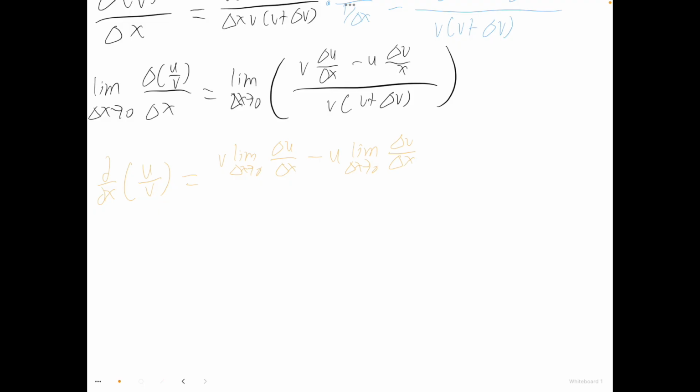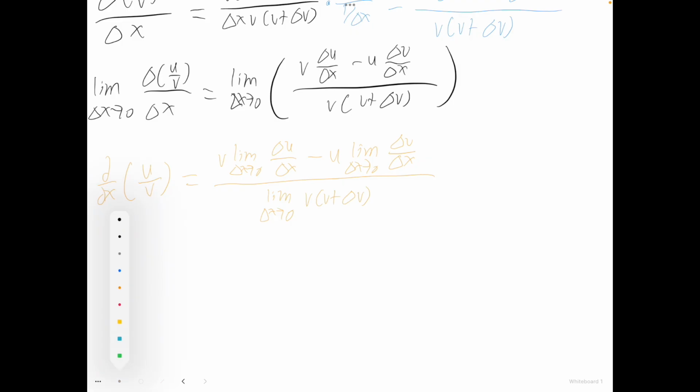I wrote a d there, but that's delta x. Then we divide this by the limit as delta x goes to 0 of v times v plus delta v.